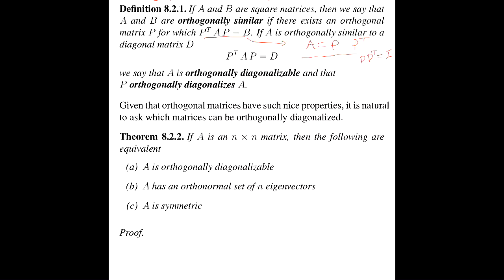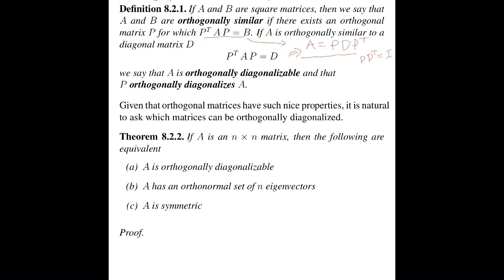So now we can express A in terms of a diagonal matrix D and the orthogonal matrix P and P transpose. The reason we do that is because P, P transpose and D are very nice matrices, and this will be very useful in many calculations.